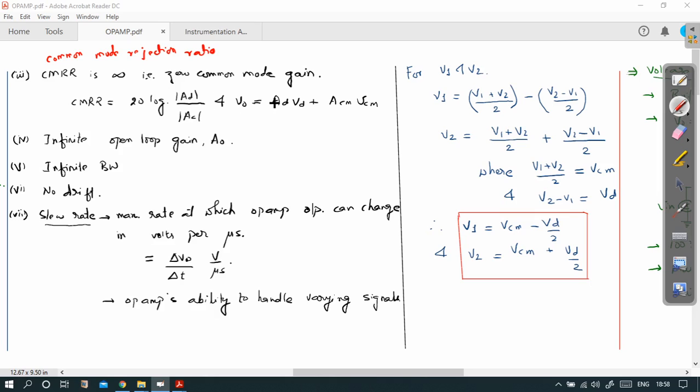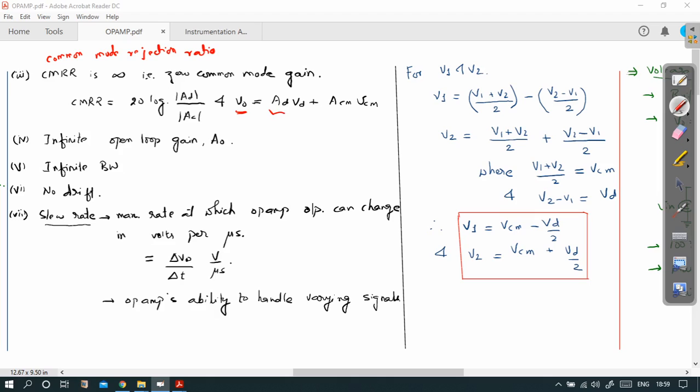We can express output voltage, that is V out, in terms of AD and AC like this: V out equals AD dot VD plus ACM dot VCM, where AD is the difference gain and VD is the difference signal.